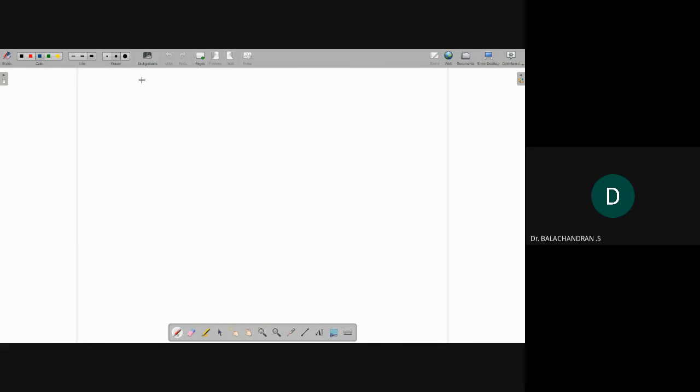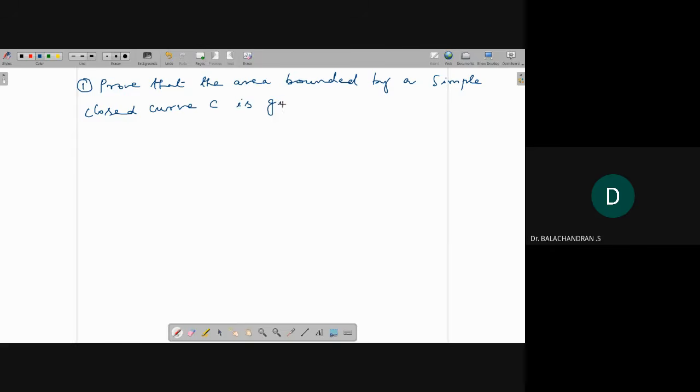Write the problem. Prove that the area bounded by the simple closed curve capital C is given by half into the integral over C of x dy minus y dx.